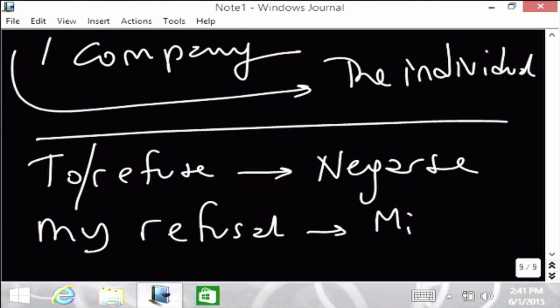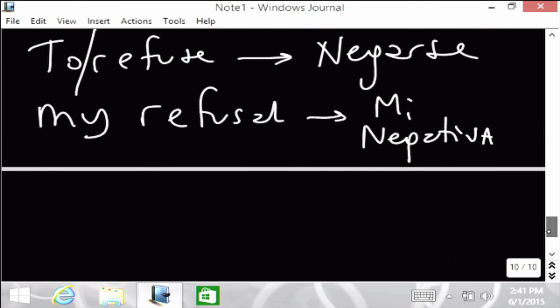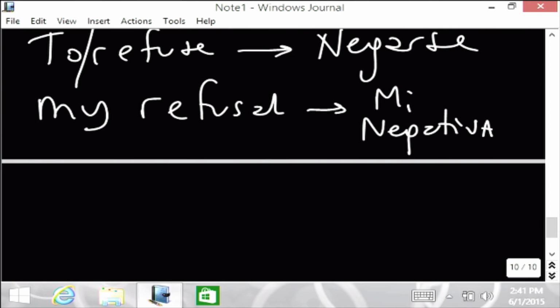And my refusal will not affect my treatment: Y mi negativa no afectará este tratamiento. These are typical words where people usually make mistakes when they take the sight translation component in the exam.